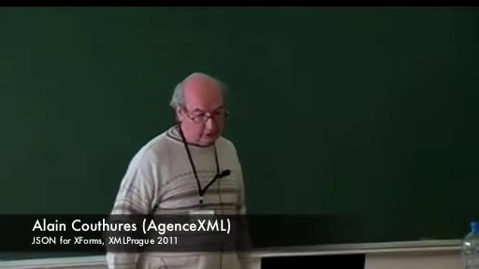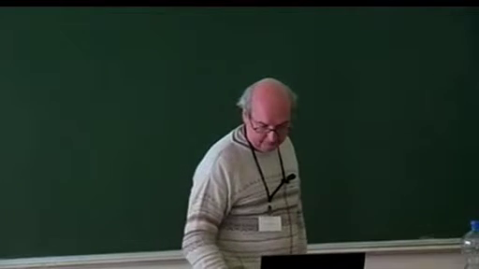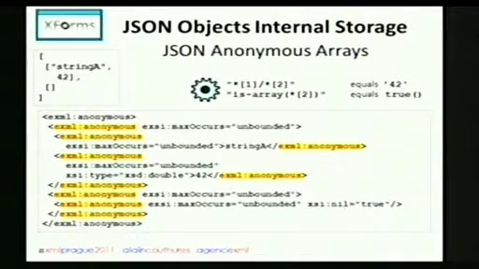But there are also anonymous arrays. So, well, we have to add an extra element for that. So it's less human readable this way. That's true, but for an XForms engine, it's not a problem.